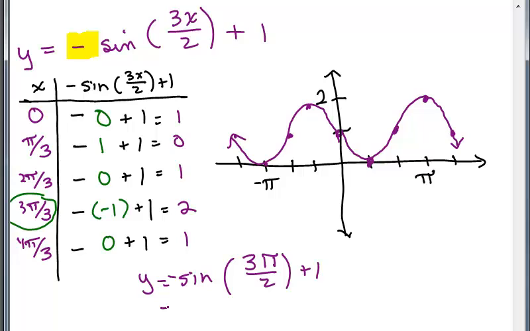All right, and actually compute it. So that's negative the sine of 3 pi over 2. So what's the sine of 3 pi over 2? Remember what that looks like? It's down here at 0, -1. The sine is -1. So that's the opposite of -1 plus 1, which is 1 plus 1 or 2. And that's exactly what I had. Pi, 2 was a correct ordered pair. So this is just a little check you might do. It's up to you, but I suggest that, especially if you're taking a test.